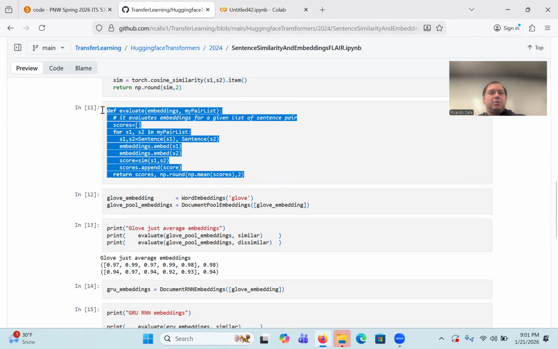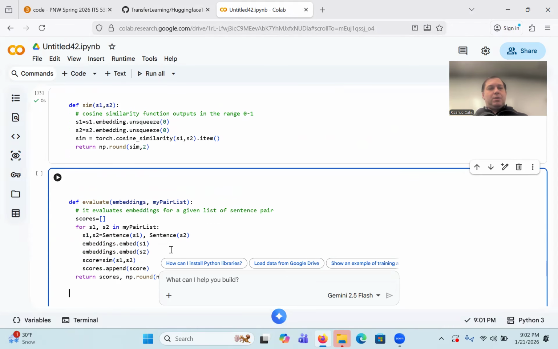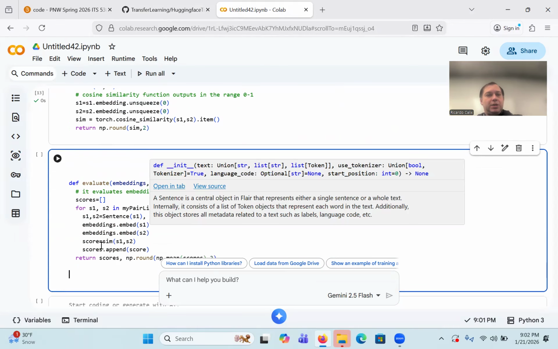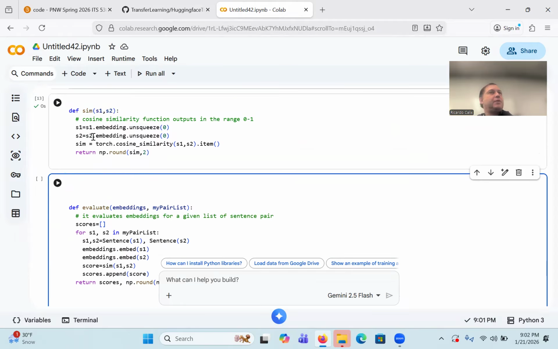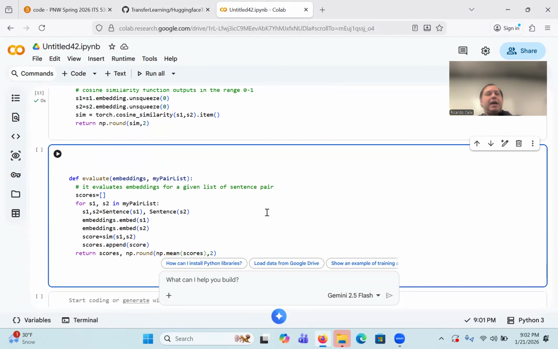Take a look at this one. So this function here uses sim, the previously created function over here, right? So it evaluates embeddings for a given list of sentence pairs. So we've got the embeddings and my list. This is like the technique, right?